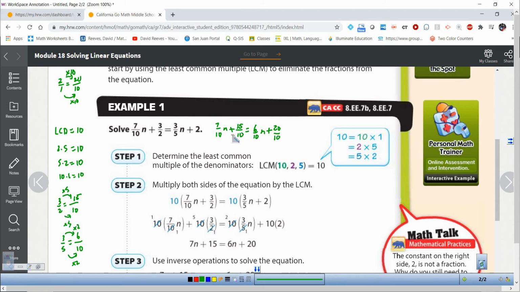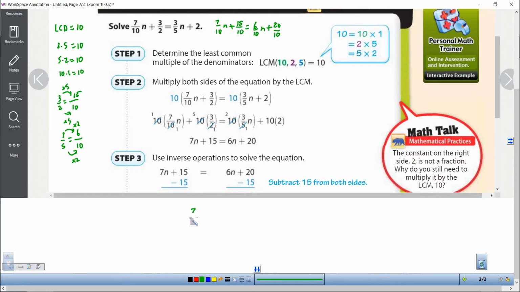All right, and then I have an equation where I have all common denominators, and then I could work with it that way. So let me write it down here. 7/10 n plus 15/10 equals 6/10 n plus 20 over 10, right?